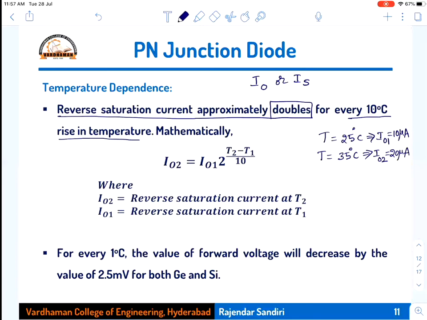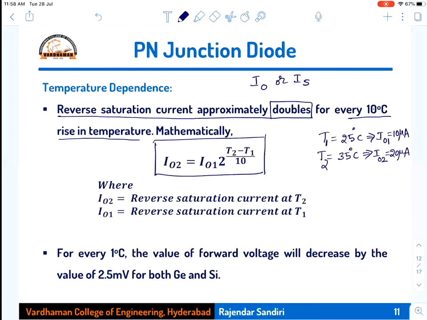Now I don't know whether it is 10 degrees or 1 degree or 25 degrees or whatever it may be. The general formula for two different temperatures, T1 and T2, and two different reverse saturation currents, I01 and I02, to calculate I02 for the given value of I01 and the temperatures T1 and T2, is this very, very important formula: I02 is equal to I01 into 2 power of (T2 minus T1) by 10.